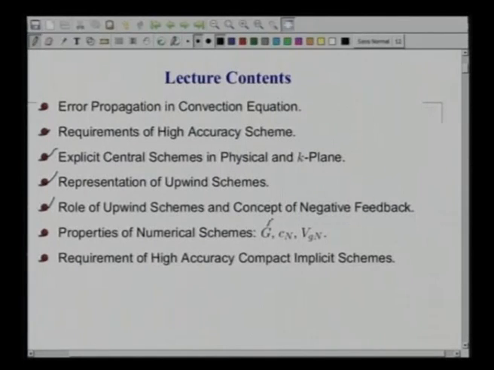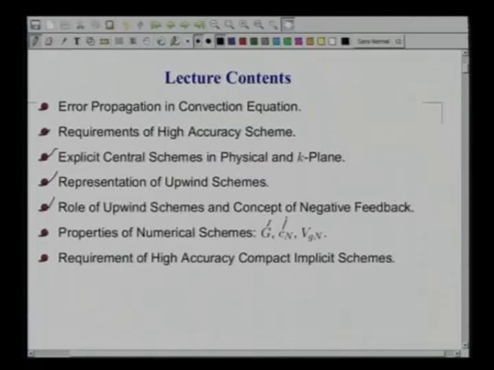Along with that, we need to find out the associated phase shift that comes about with each time step of integration, and that will bring about a numerical phase speed, which we have called here C n. And finally, we would look at the group velocity, one of the most important parameters that we need to characterize the speed at which the energy in the system propagates, and that is indicated by V g n.